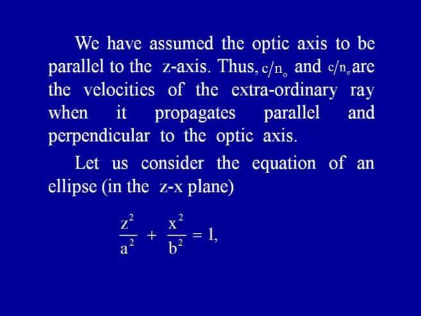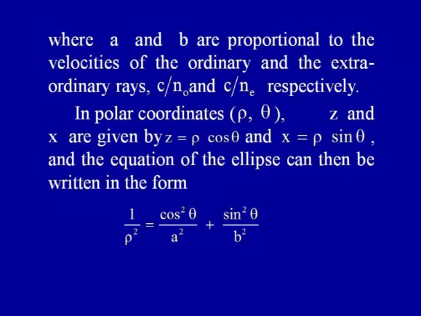Let us consider the equation of an ellipse in the zx plane, z²/a² + x²/b² = 1, where a and b are proportional to the velocities of the ordinary and the extraordinary rays, c/n_O and c/n_E respectively.